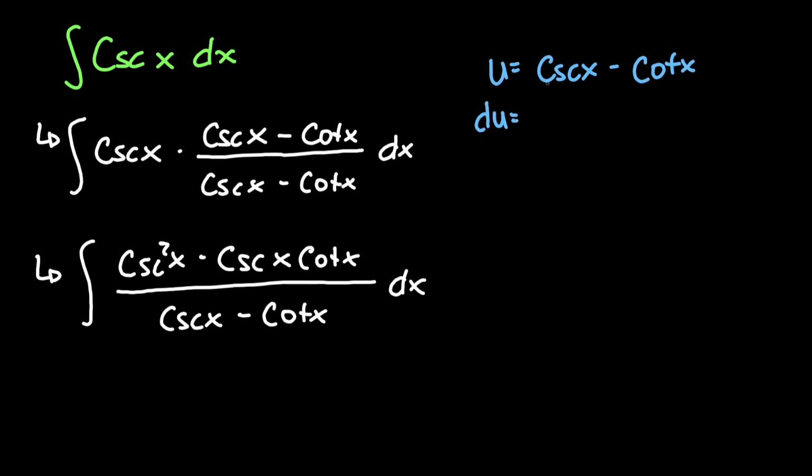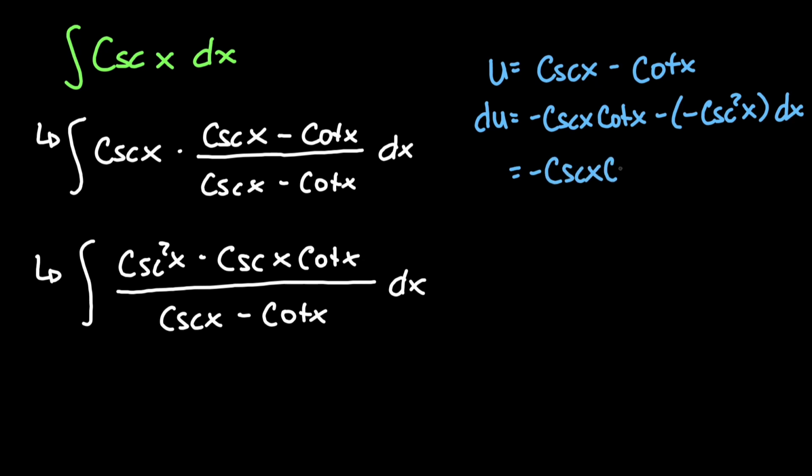The derivative of cosecant of x would be equal to negative cosecant of x cotangent of x. And the derivative of cotangent of x would be equal to negative cosecant squared of x, multiplied by dx. And so, what we have here would be equal to negative cosecant of x cotangent of x, and this would be positive cosecant squared of x dx.